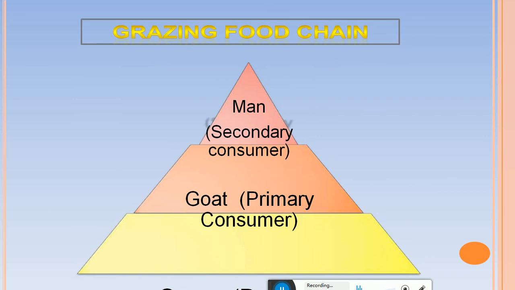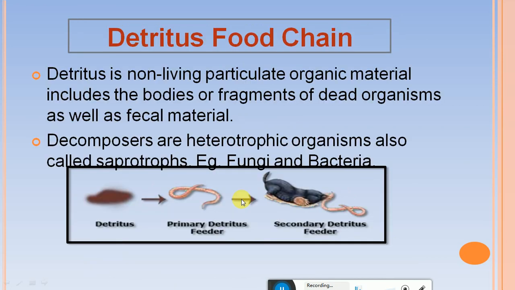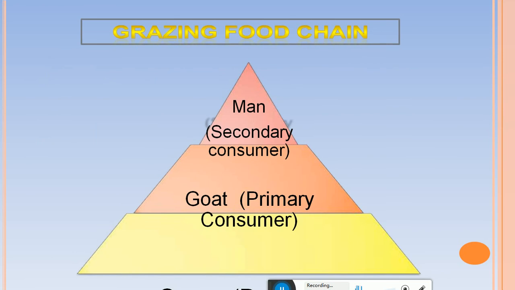Then you have the grazing food chain. Here you can see the producers at the bottom, which produce their own food. You can take the goat as an example of a primary consumer, because the goat feeds upon grass and other plant products.